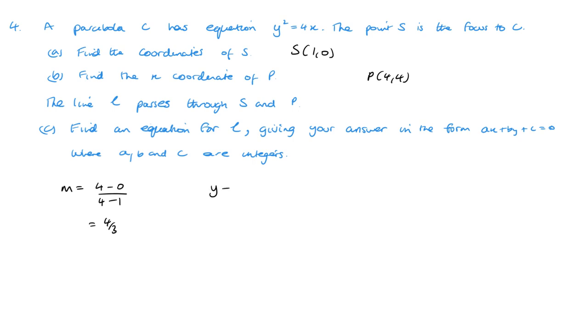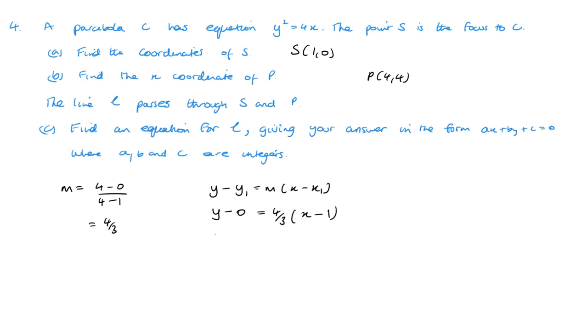And then to use y minus y1 equals m times x minus x1. And I'll use the S coordinate. So y minus 0 equals 4 thirds times x minus 1. Now, since I want it in this form where they're integers, I need to multiply it by the 3.